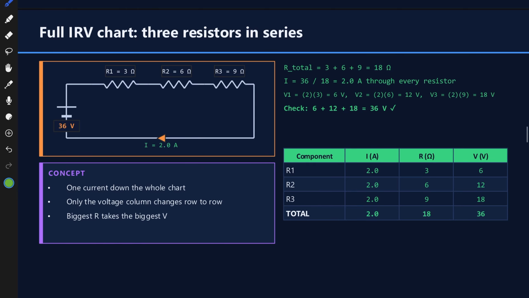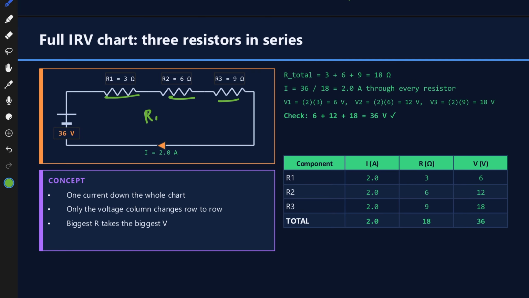For each of these, resistance total would be the sum of each resistance: R1 plus R2 plus R3, or 3 plus 6 plus 9, or 18 ohms. So then, voltage total is equal to I times resistance total.